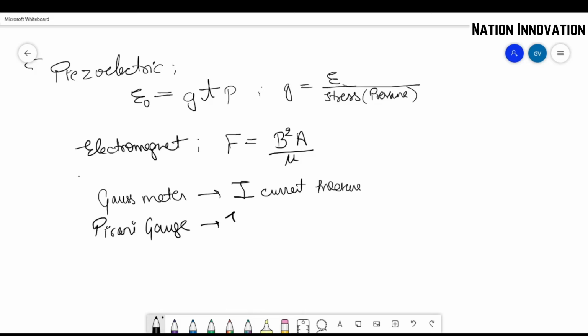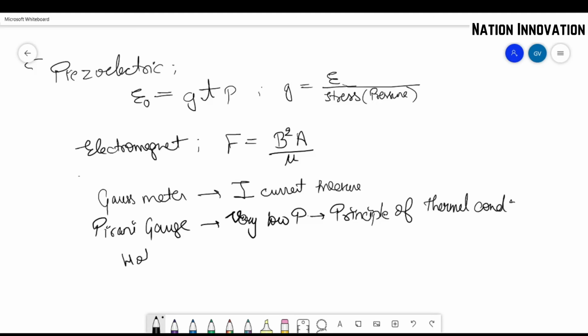So it is a very low power consumption device, and it is based on the principle of thermal conductivity. Right? Then hot wire and heater, it is used to find the gas velocities.